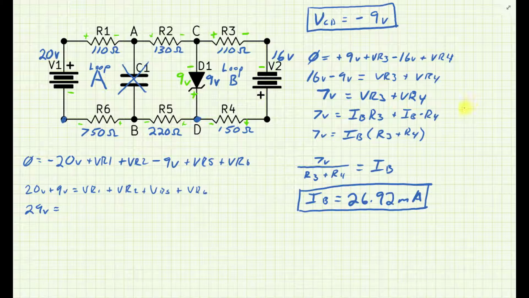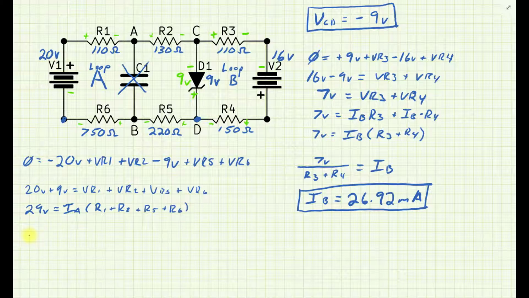I'm expanding each of my terms to IA times each resistor, so each of those voltages will have IA in common. If that doesn't make sense to you, then see the previous step where I did that for loop B. So IA times the sum of R1 plus R2 plus R5 plus R6.